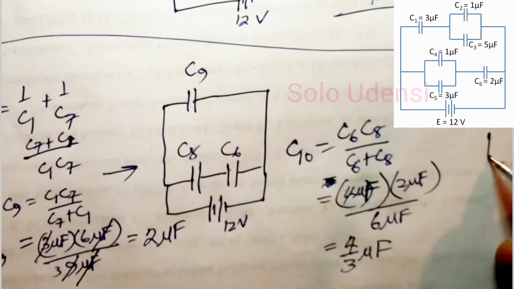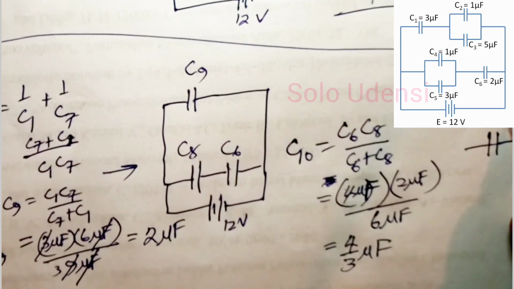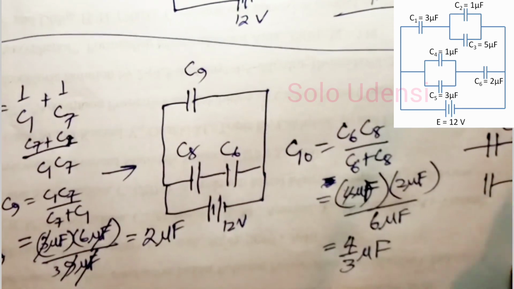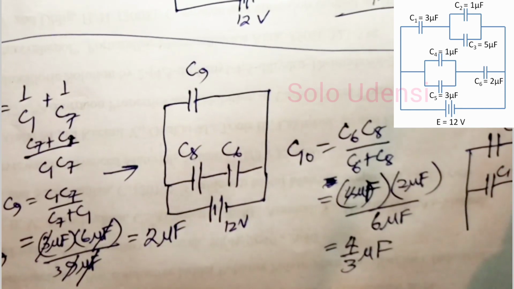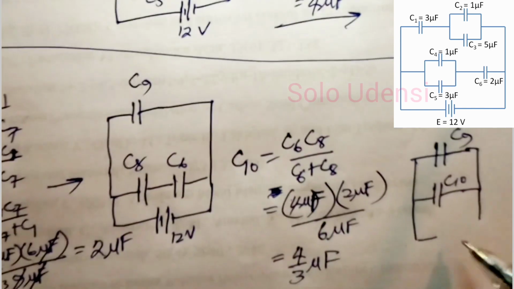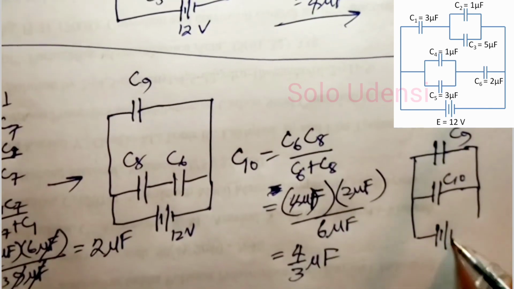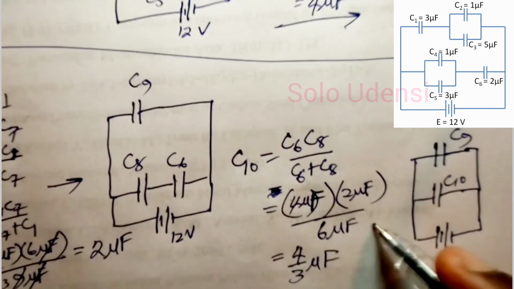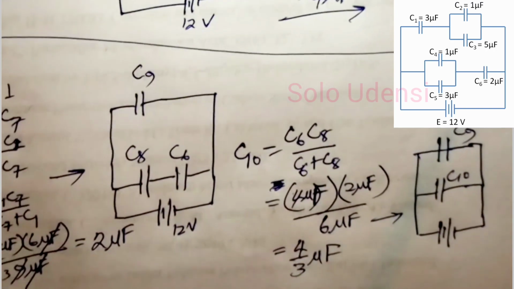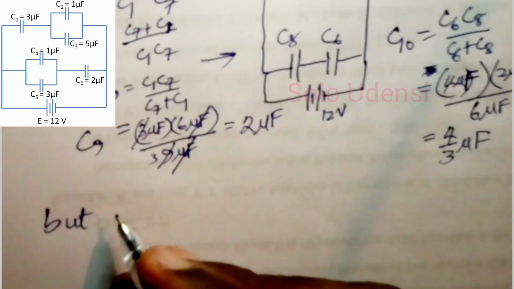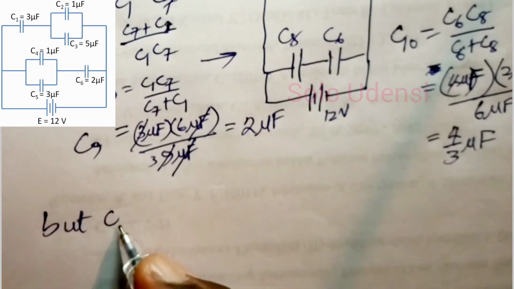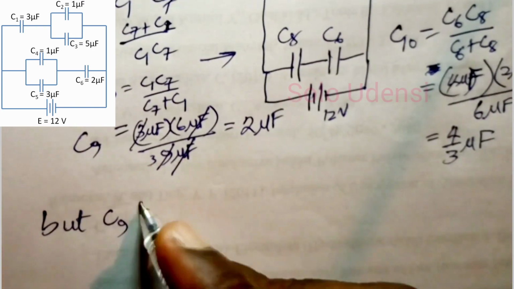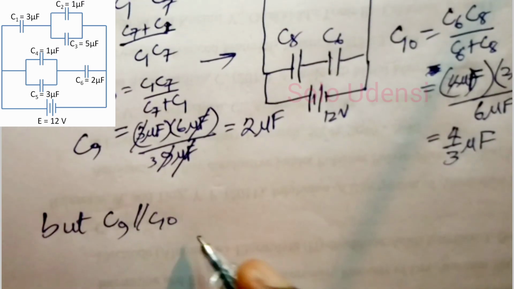So the arrangement becomes C9 and C10. Remember how we are going about it. So that's the circuit that ensues, but C9 is parallel to C10.